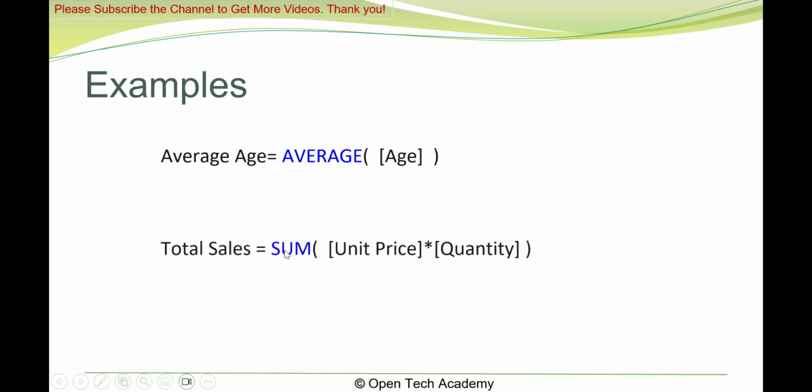Another example, total sales is a measure name equal to SUM, the function or formula, and then inside will be unit price multiply quantity. These are the examples of measure.